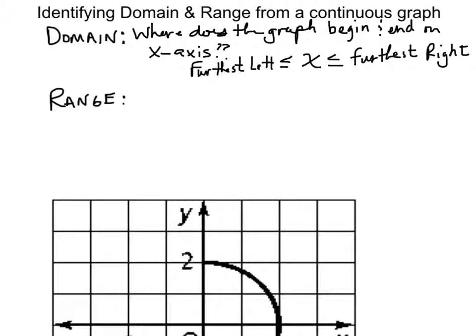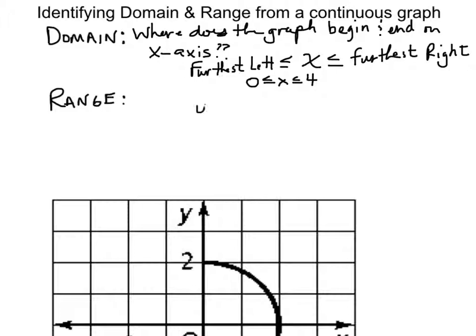For a rough example, let's say the graph goes from 0 to 4 on the x-axis. Now the range is, again, where does it begin and end on the y-axis?